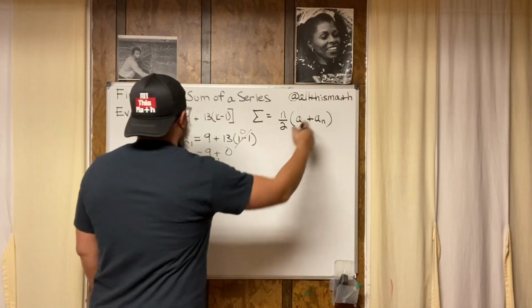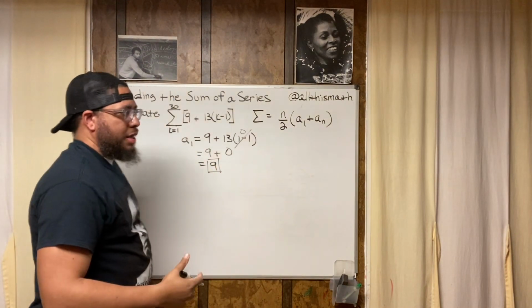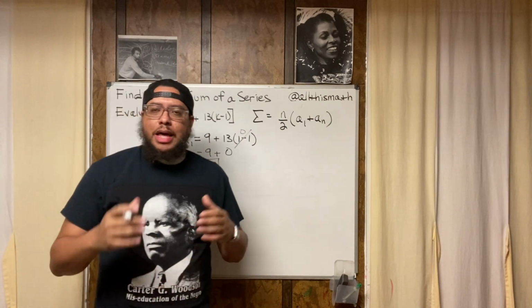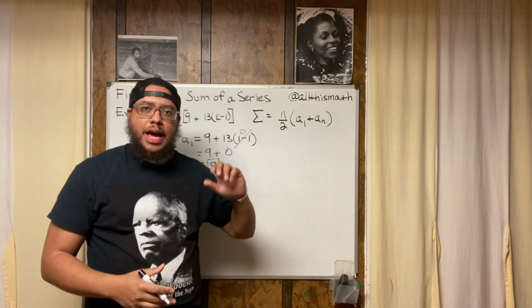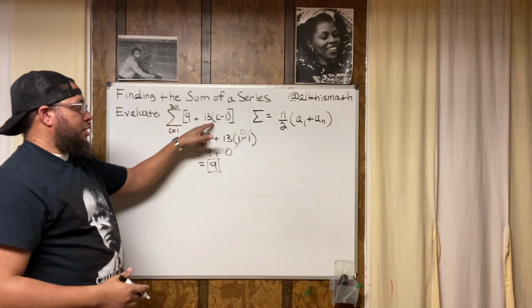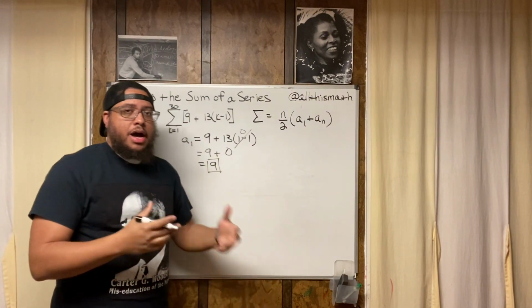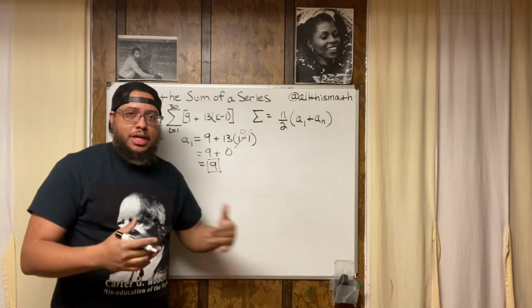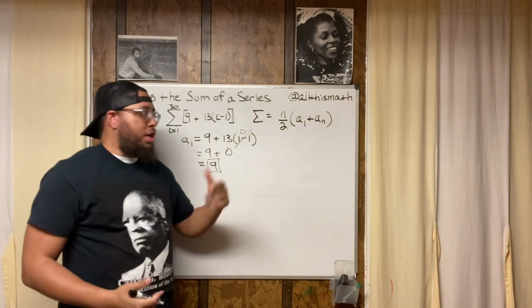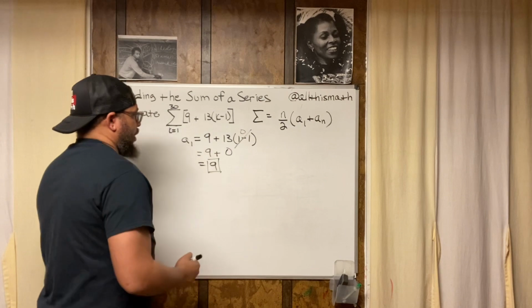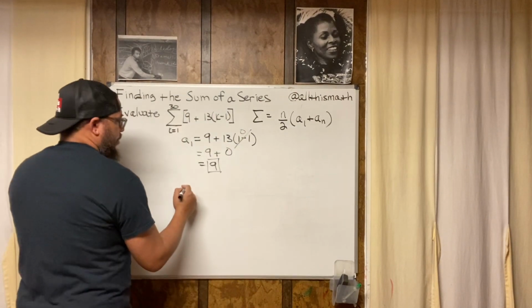Now I've got to find a sub n, except a sub n is the value that I get when I plug in the last number in the series, which is 30. So instead of saying a sub n, I'm going to say a sub 30, because a is the value I'm going to get when I plug 30 into the expression. So watch this. Actually, I'm going to put it right here.